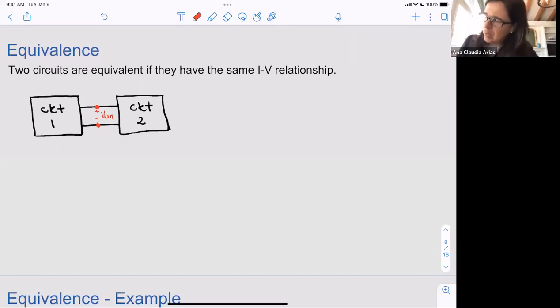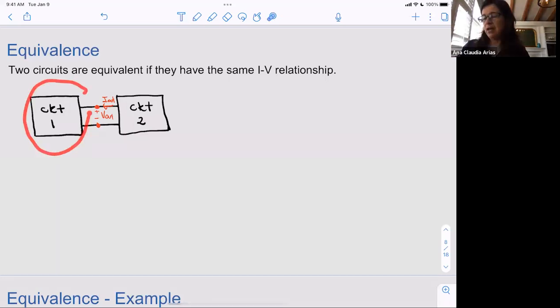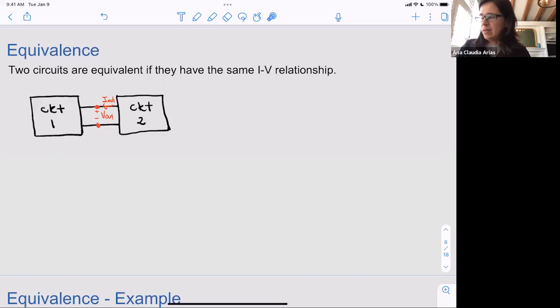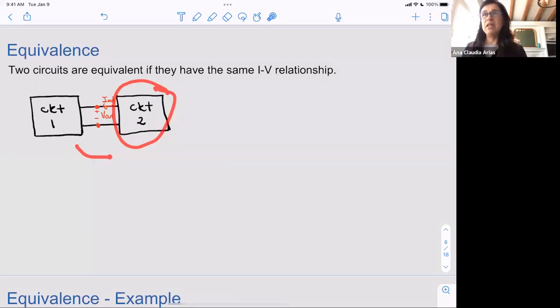And we can define that there will be a current, which I'll call I out. And then you have to do circuit analysis, node analysis, to figure out how to build circuit one such that it gives the appropriate I out and V out to drive circuit two, or vice versa. That could be a design.